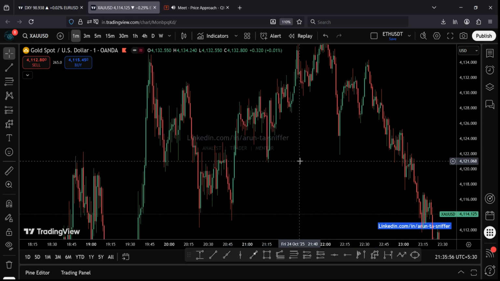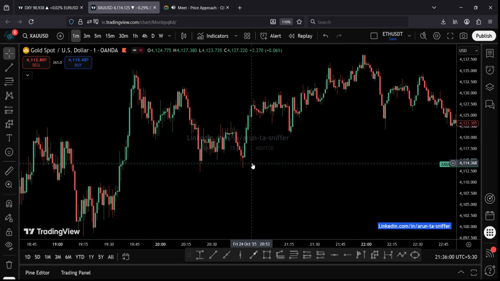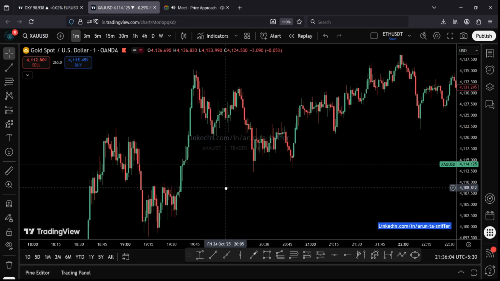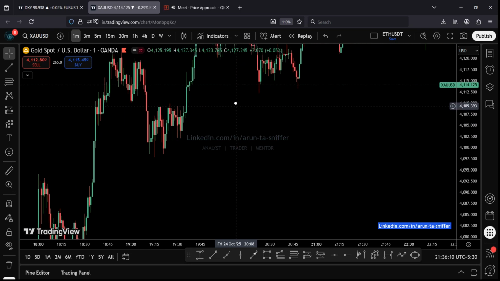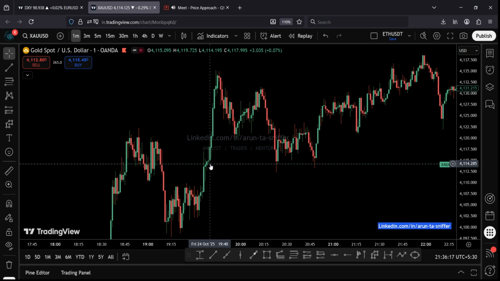Okay, here is the example. From here, this is a zone.